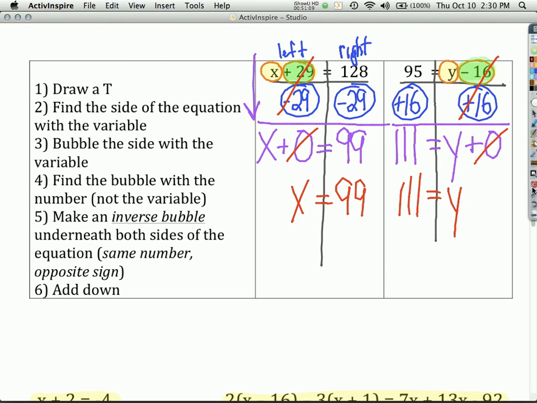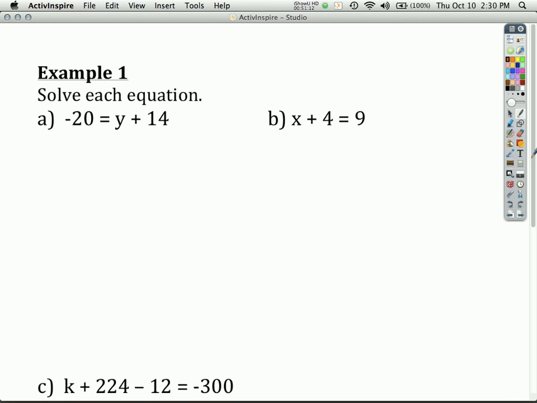Okay, so now let's do some formal examples and let's get some checkpoints in to see if we're starting to understand.